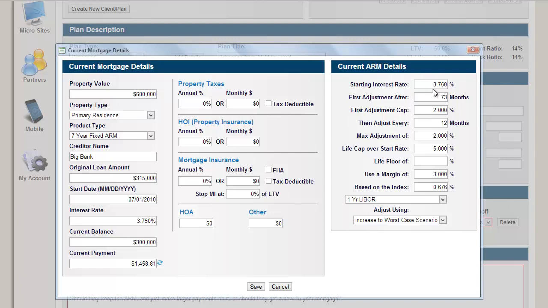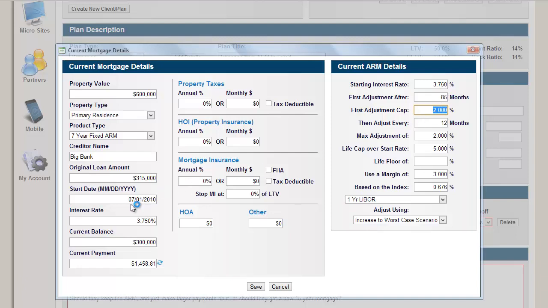And again, I'm just trying to keep these as simple as I possibly can from a number standpoint, but I do need to put in my ARM details. This is the powerful part of this simulation. We know it's a 3.75. We know that being that it is a 7-year product, we have 84 months, so in 85 months, this product can start adjusting after the start rate.